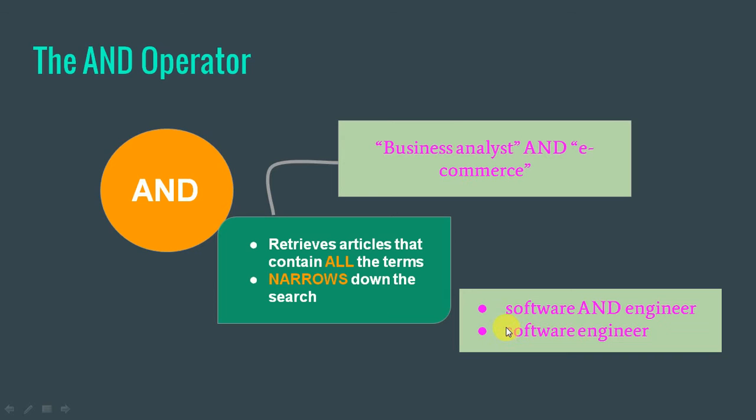If you enclose it in quotation marks, it will look for the exact words as they are, software engineer. But if you just put software engineer, it will look for software and engineer, not necessarily together, in the profile.